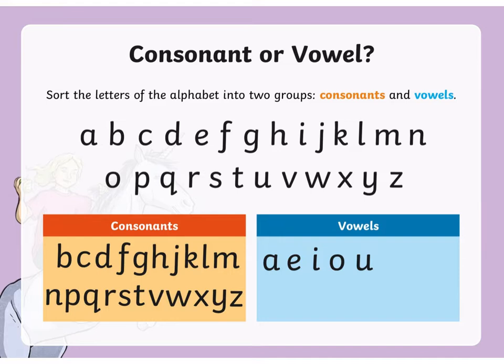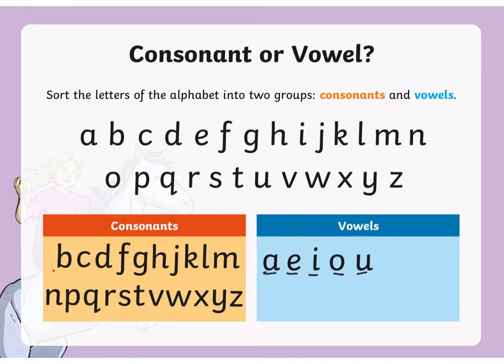Let's sort the letters A to Z first. We have to find out which are consonants and which are vowels. Now let's start with the vowels. Vowels are A, E, I, O, U. These are vowels and rest are the consonants.